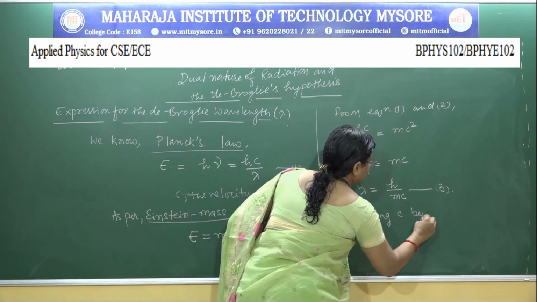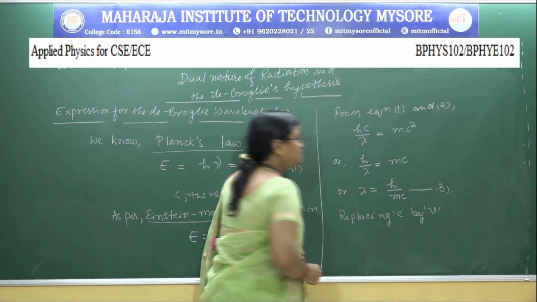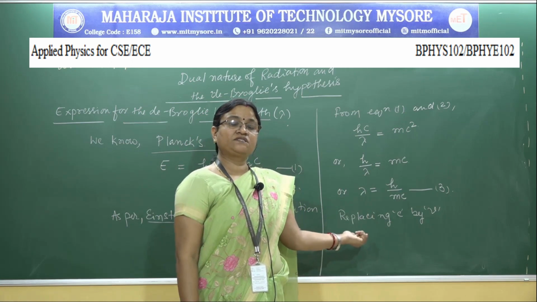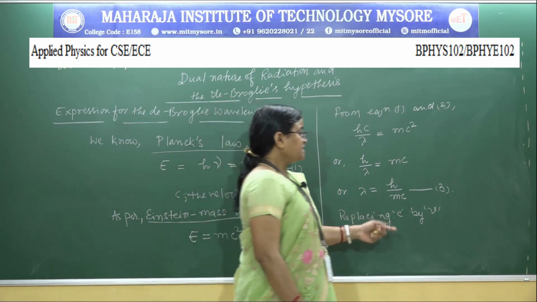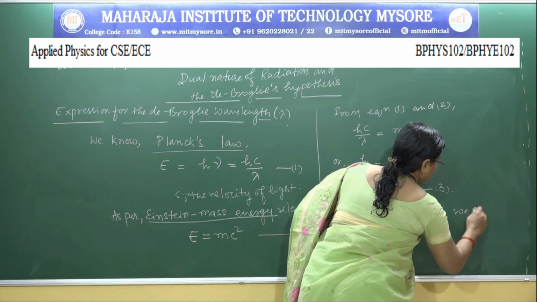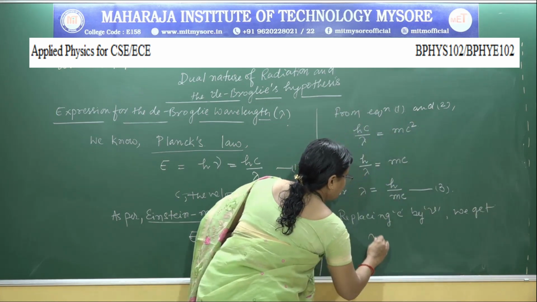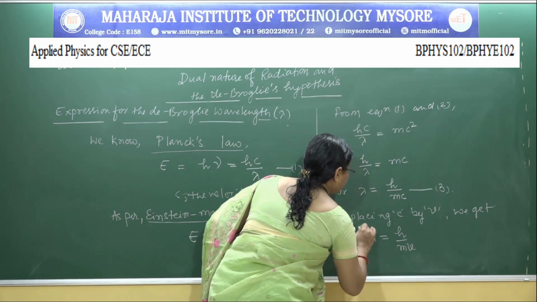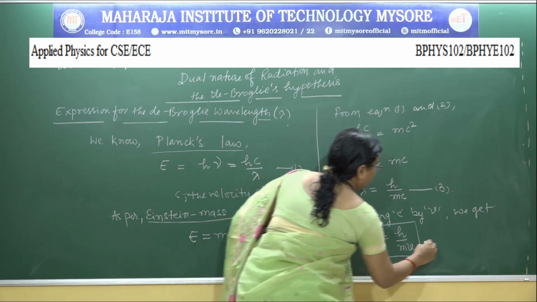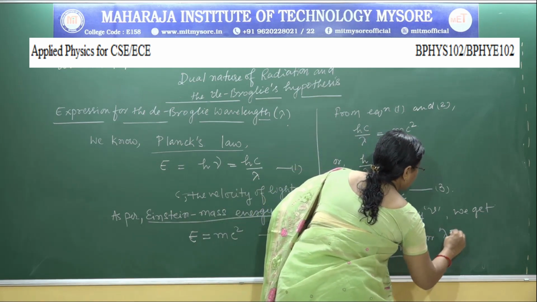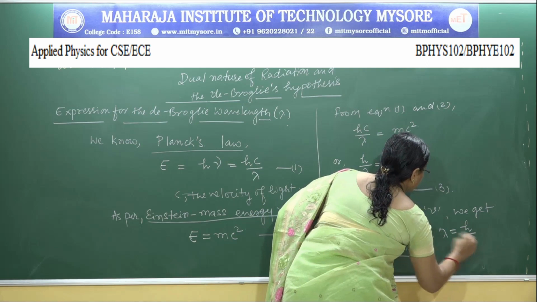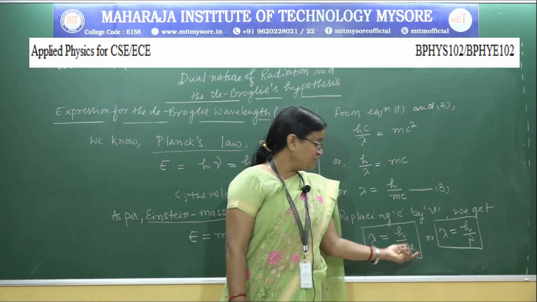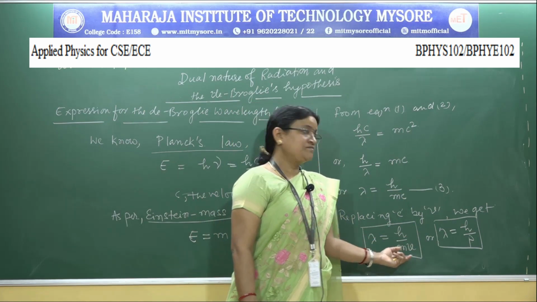So, replacing c by v, we get lambda is equal to h by mv, or lambda is equal to h by p, where p is the momentum of the material particle.